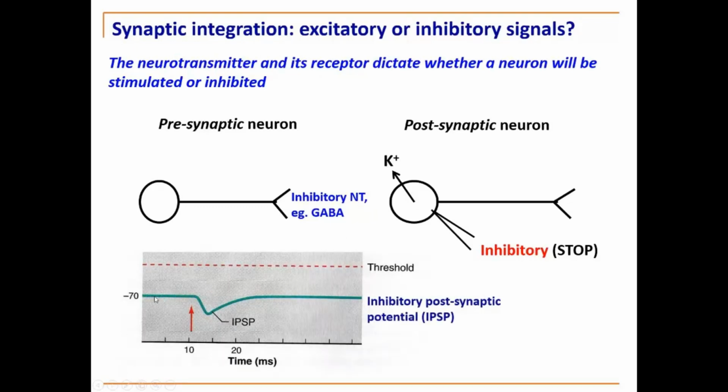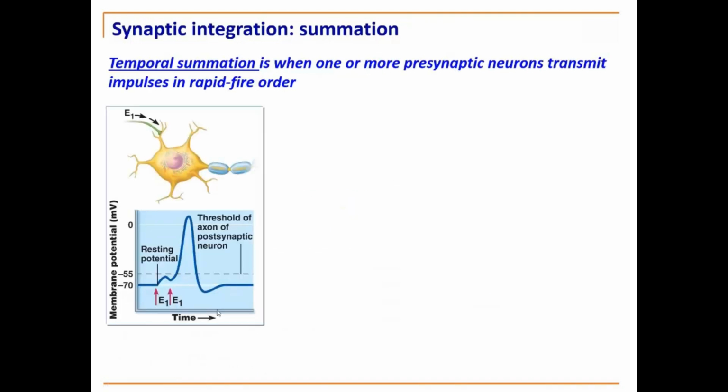If potassium leaves the cell, it becomes less positive or more negative, and therefore we get an IPSP, an inhibitory postsynaptic potential. So it's an inhibitory signal. In other words, the EPSPs and the IPSPs are talking with each other to try and either stimulate or inhibit another cell, whether that's a neuron or a gland or a muscle.